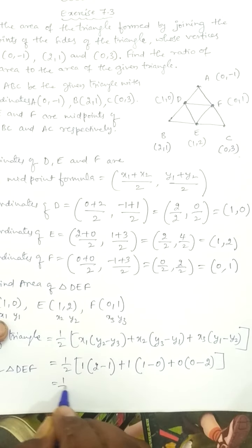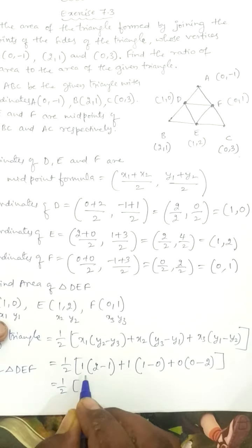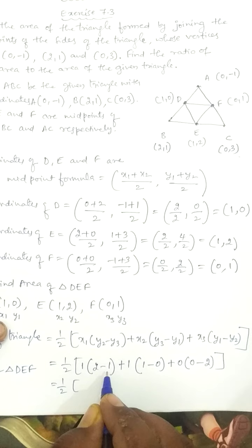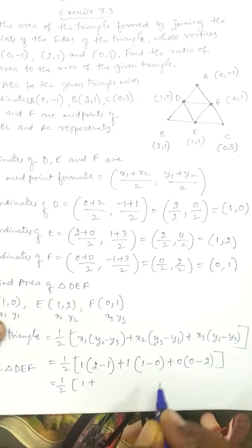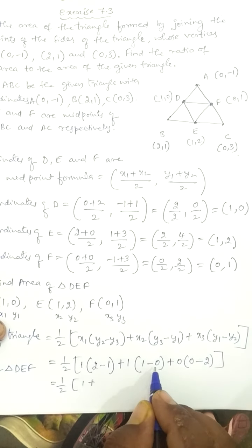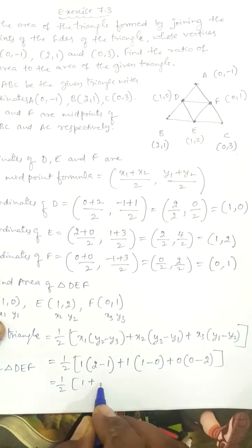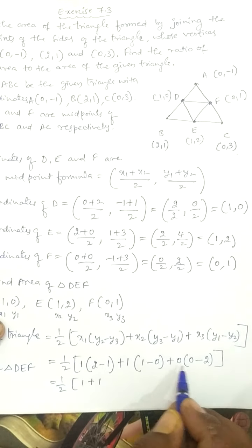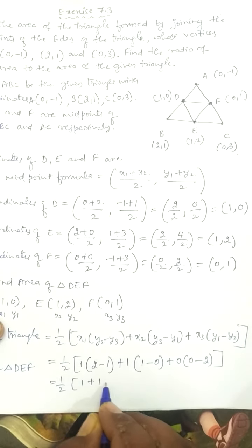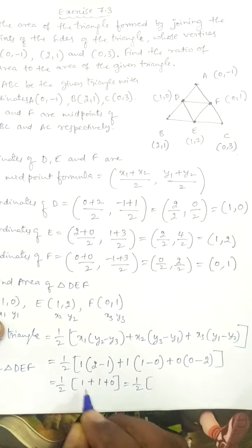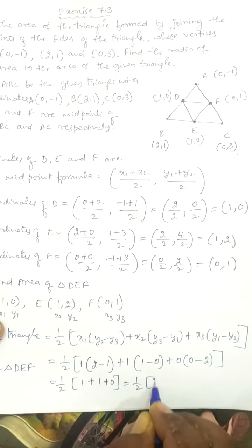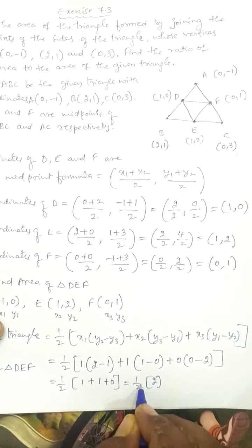So this is equal to half into 2 minus 1. 2 minus 1 is 1. 1 into 1 again will become 1 here, plus 1 minus 0 is 1 only. 1 into 1, this is also 1. 0 into any number is 0. So plus 0. So this is equal to half into 1 plus 1 plus 0, that is 2. 2 ones are 2.